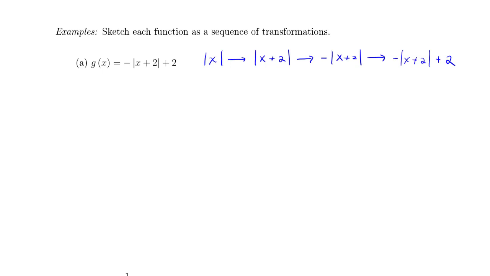So here we go. We start with the absolute value of x. All right, so I'm going to start by putting an axis here. Then I'm going to do the absolute value of x. I'm only going to do one graph per set of axes, so I'm going to do them all filled in, not with dashed lines or anything.